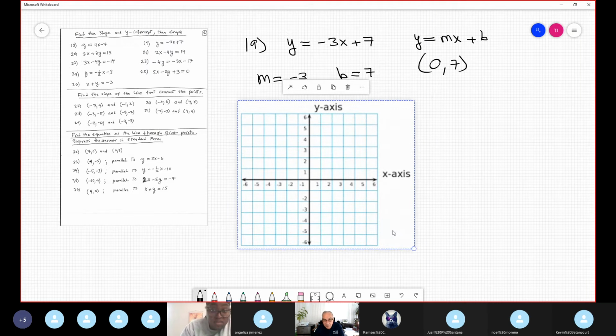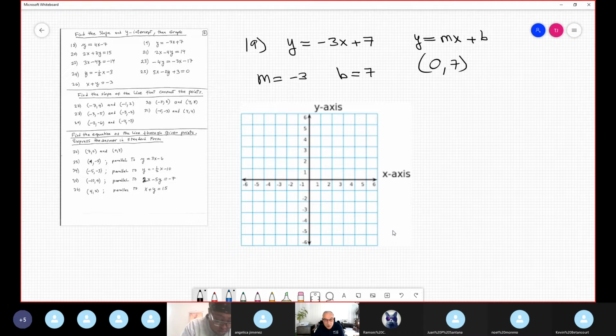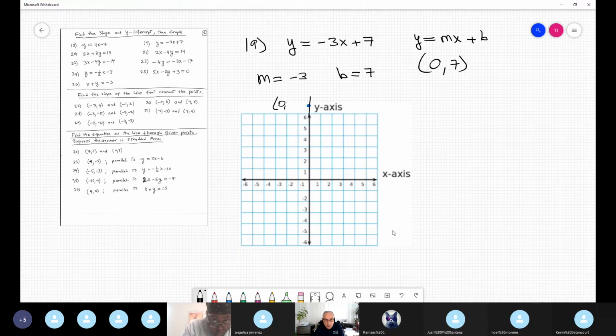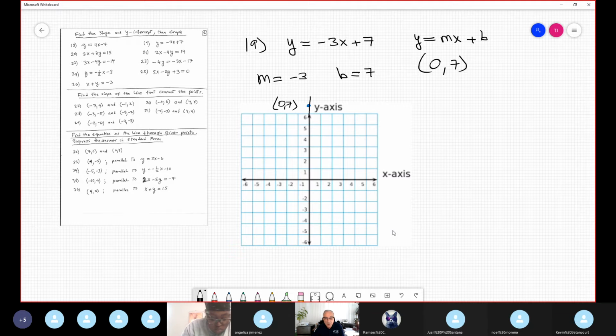Okay. I plot the point. The first point is (0,7). Using my imagination, (0,7) is here. I'm extending the y-axis a little bit here, and this point is (0,7). And I also know the slope is -3.